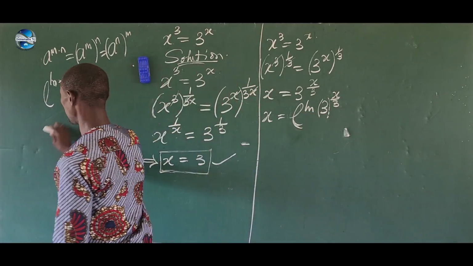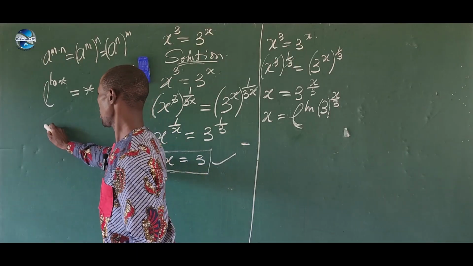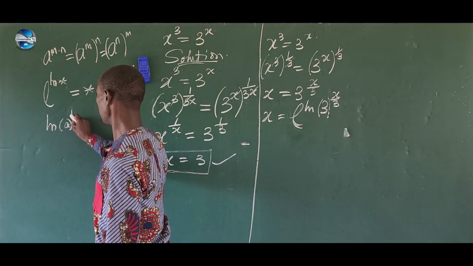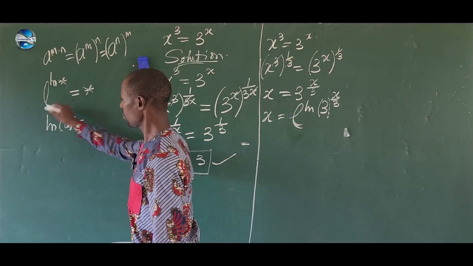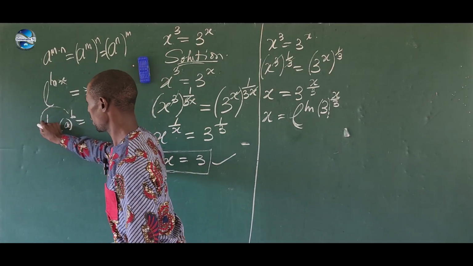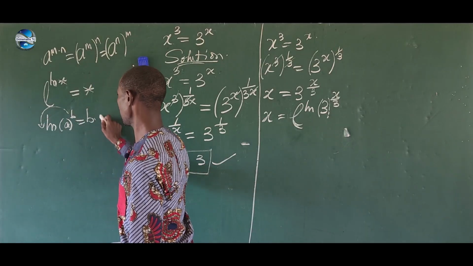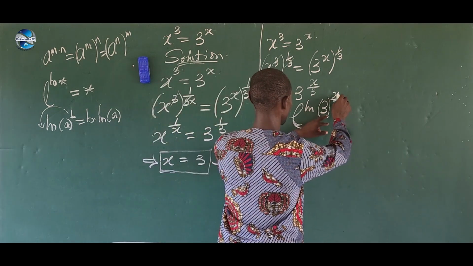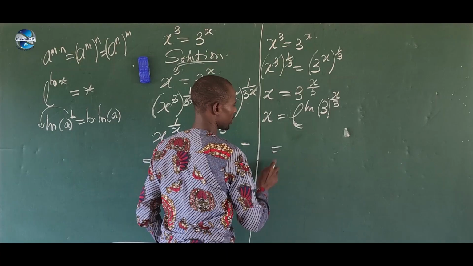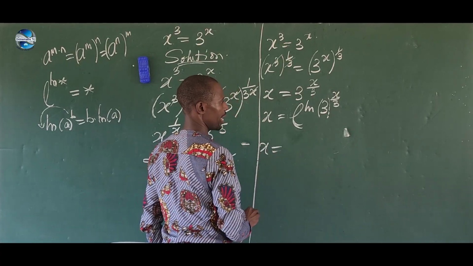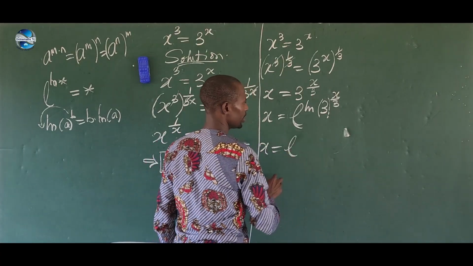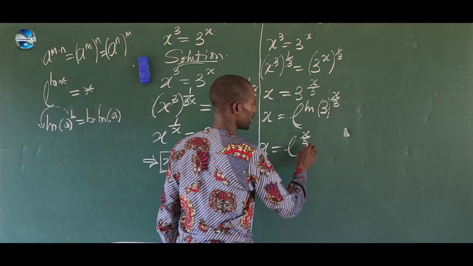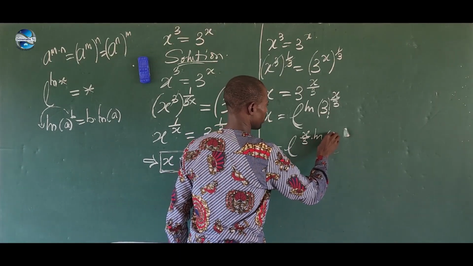If we apply the law of logarithm, which says that ln of a all raised to b is equal to b times the ln of a, we can move this power back here. And so this is going to give us x is equal to e raised to x all over 3 times the ln of 3.